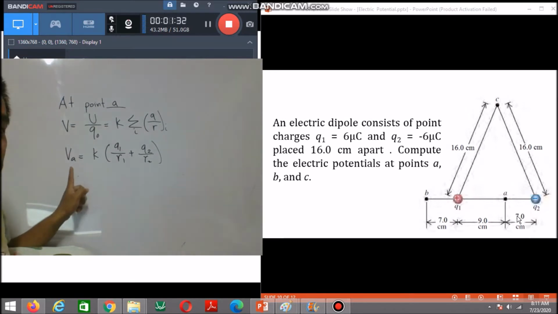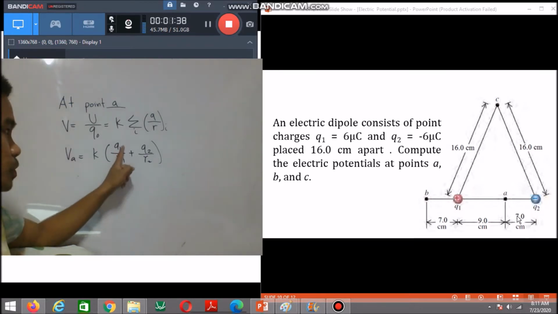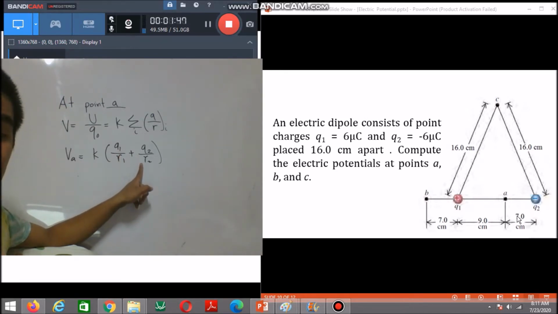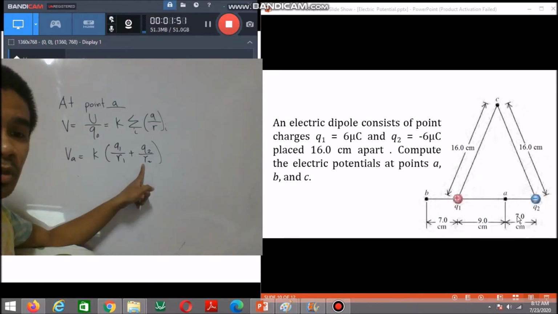So the electric potential at point A is equal to the Coulomb's constant times Q1 over R1, where R1 is how far point A is from Q1, plus Q2 over R2, where R2 is the distance of point A from Q2.